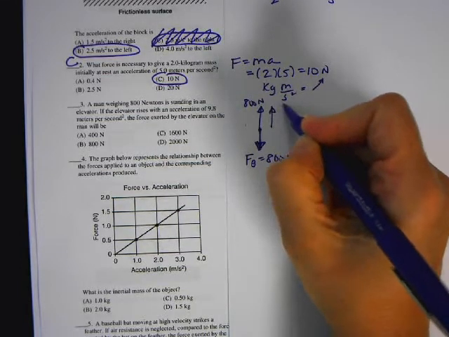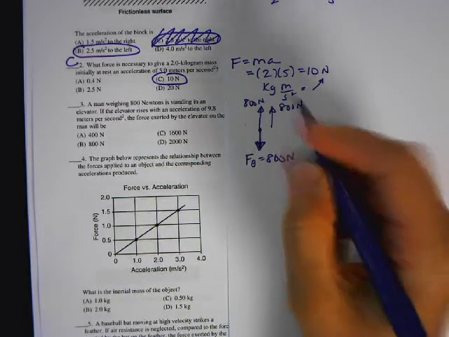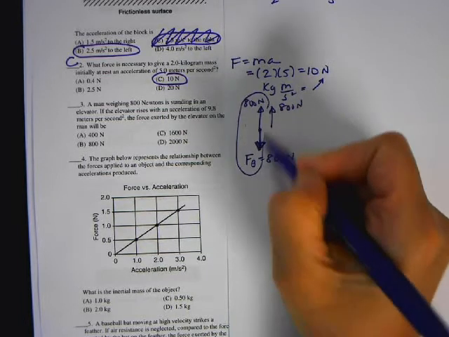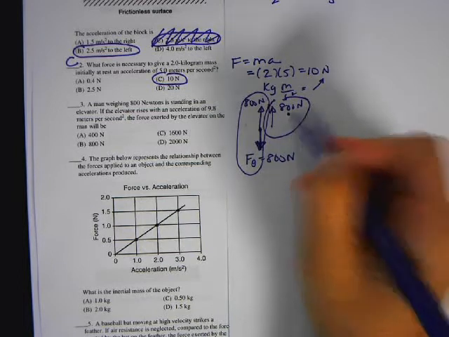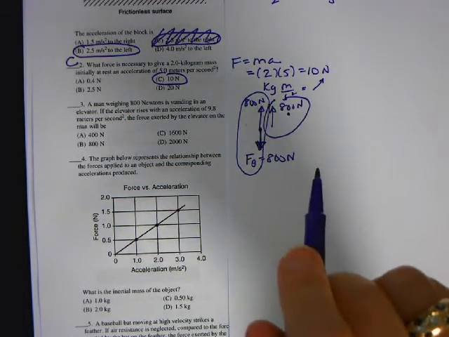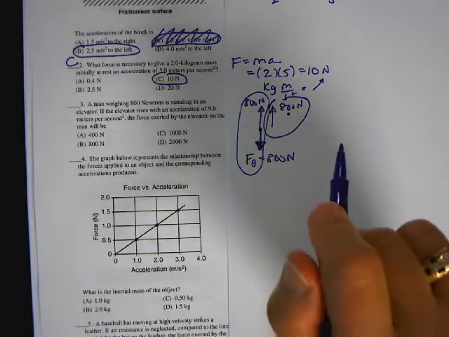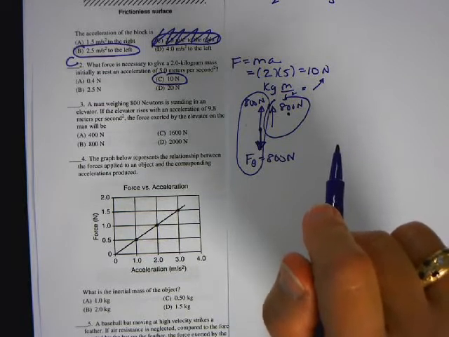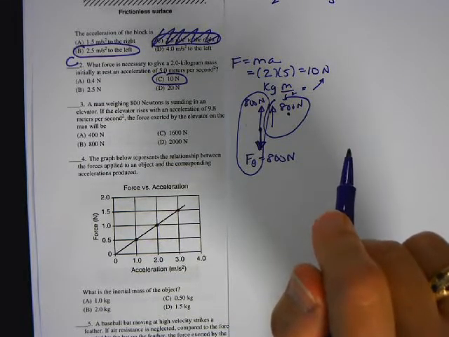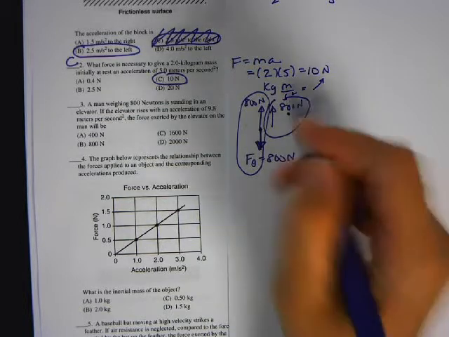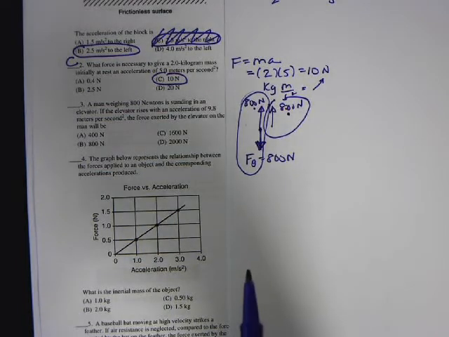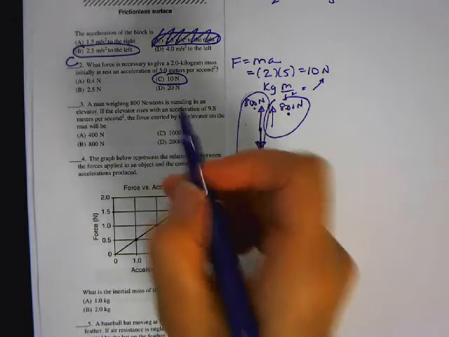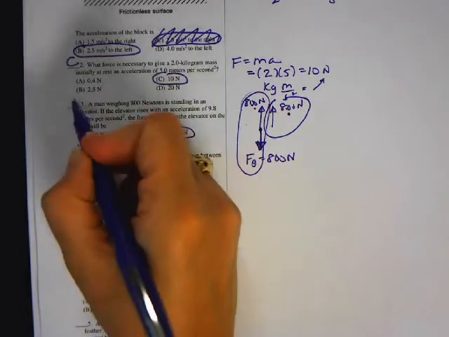So you would have another 800 newtons going up, because this would give me a net force of 0. If I had another 800 going up, that would give me an acceleration of 9.8 meters per second squared. So the force exerted by the elevator on the man will be 1,600 newtons, because 800 plus 800 is 1,600. And that is choice C.